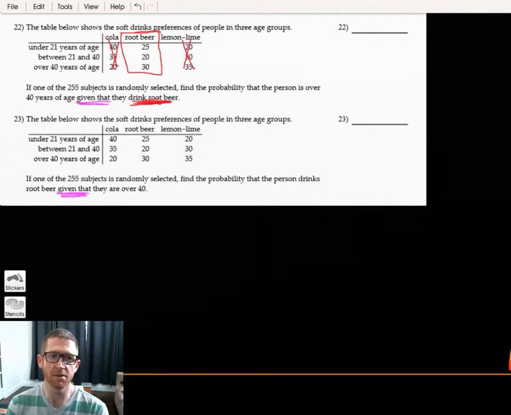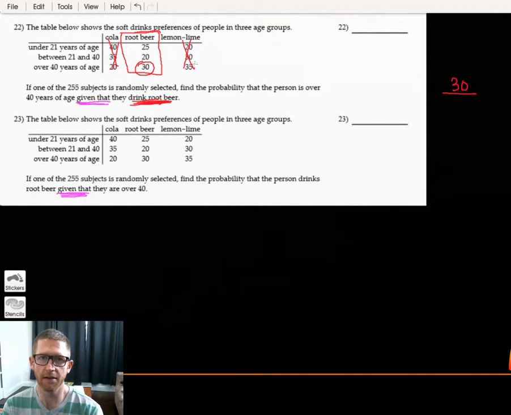So what's the probability the person is 40 years of age or over? Well, it's going to be 30, right? 30 divided by this new total of root beer drinkers. Okay, so 25 plus 20 plus 30 is 75.